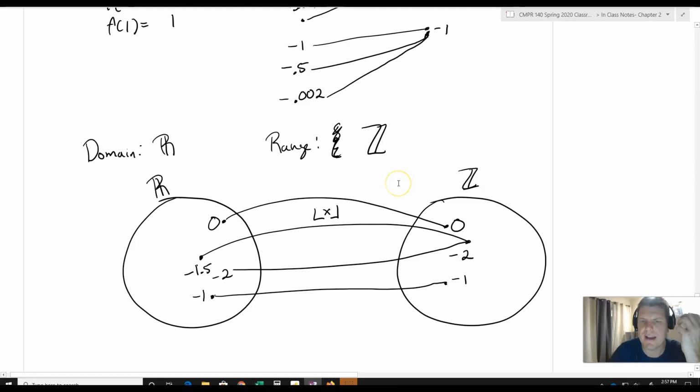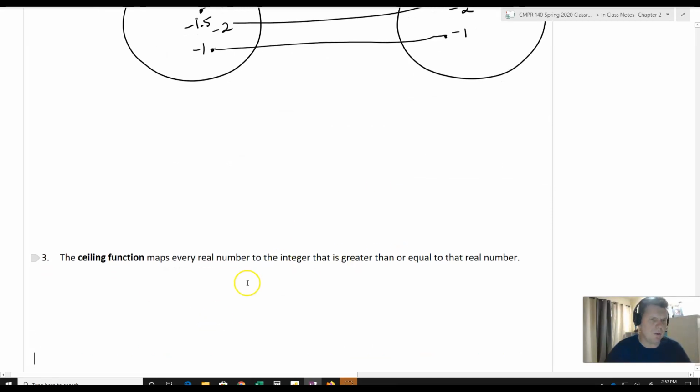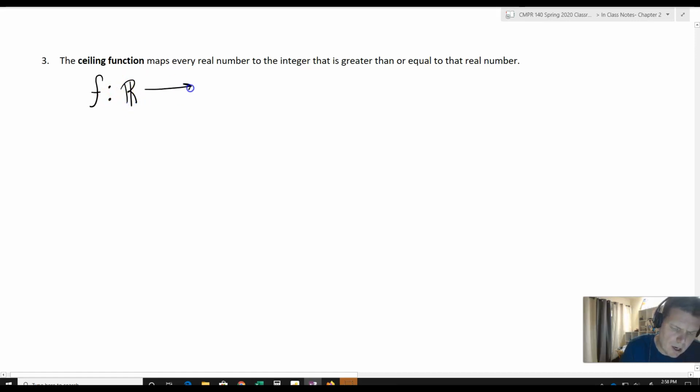Now, there is a converse of the floor function, and it's called the ceiling function. Here's how the ceiling function works. The ceiling function is a function f from the real line onto the integers.